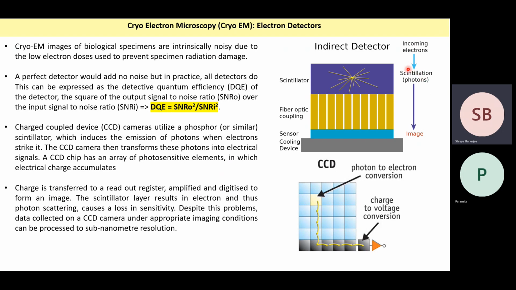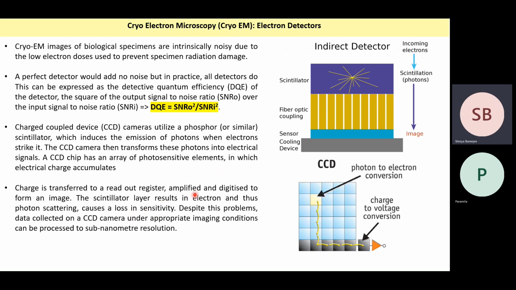So the electrons, after passing through the sample, strike the detector, photons are created, photons are converted into an electrical signal, and the signal is read to form an image.